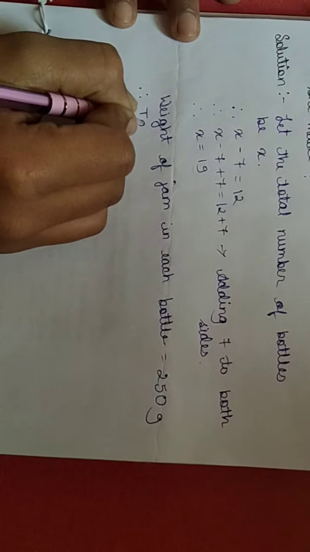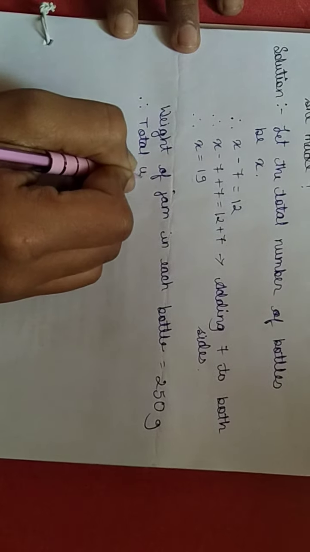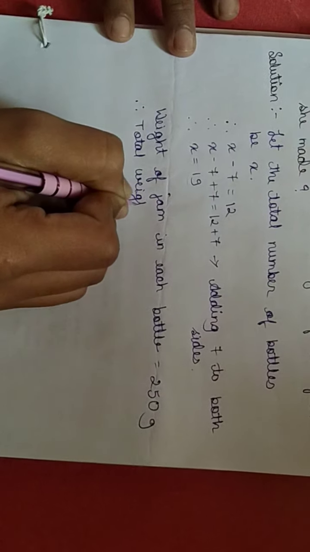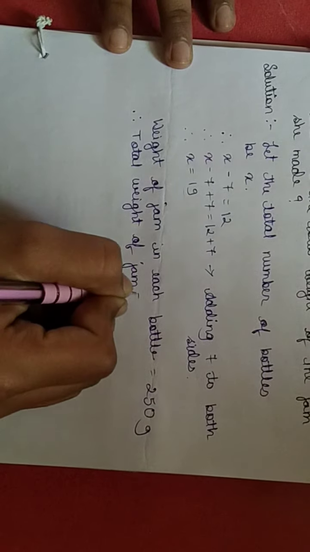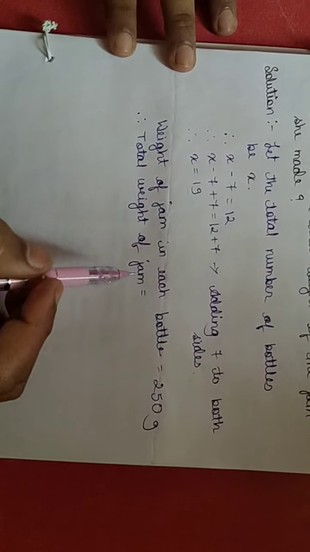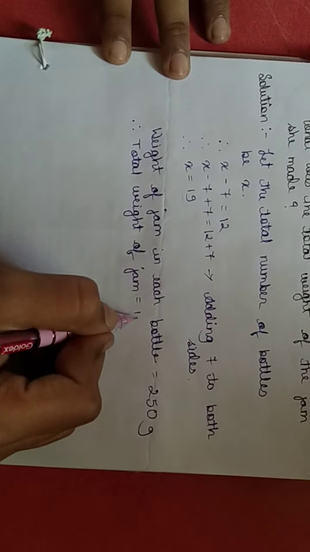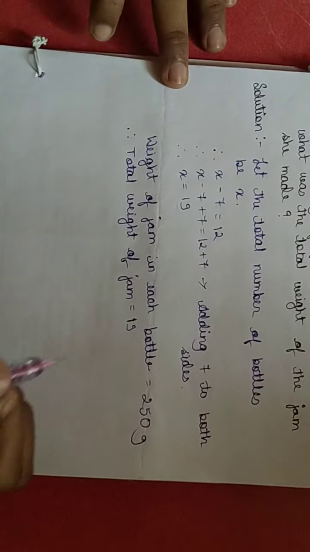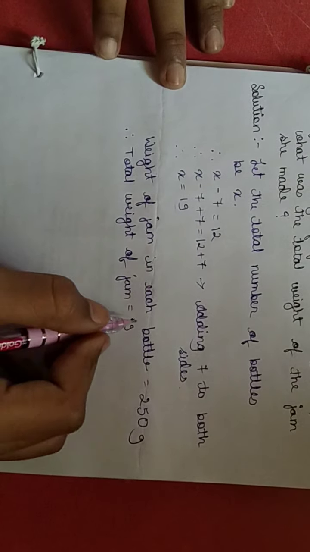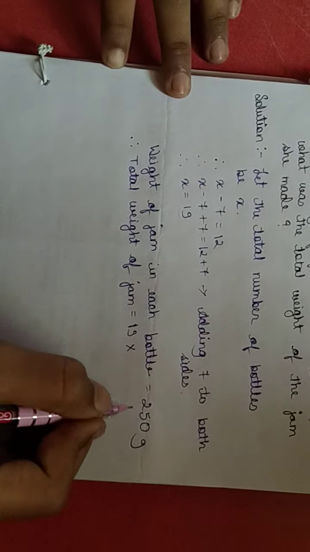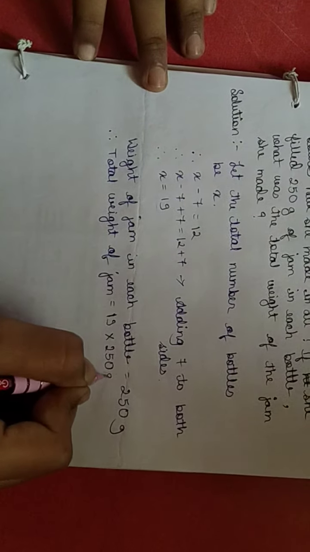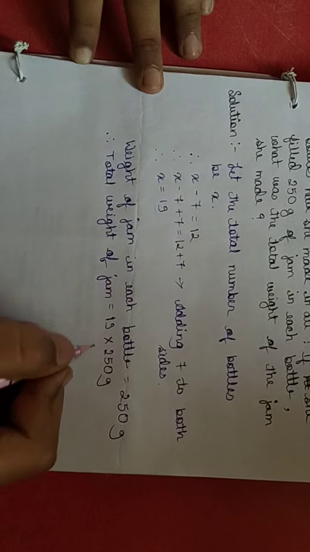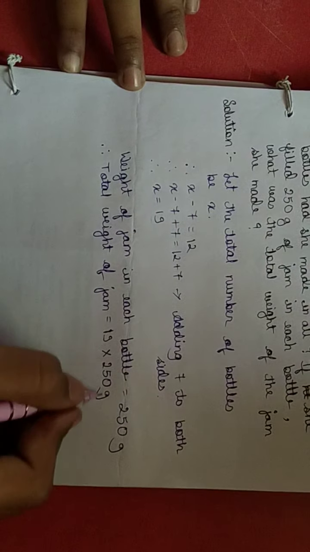So therefore total weight of jam is equal to, she has made 19 bottles in all before giving 7 bottles to her friends, 19 multiplied by 250 gram. So we have to form an equation of this.